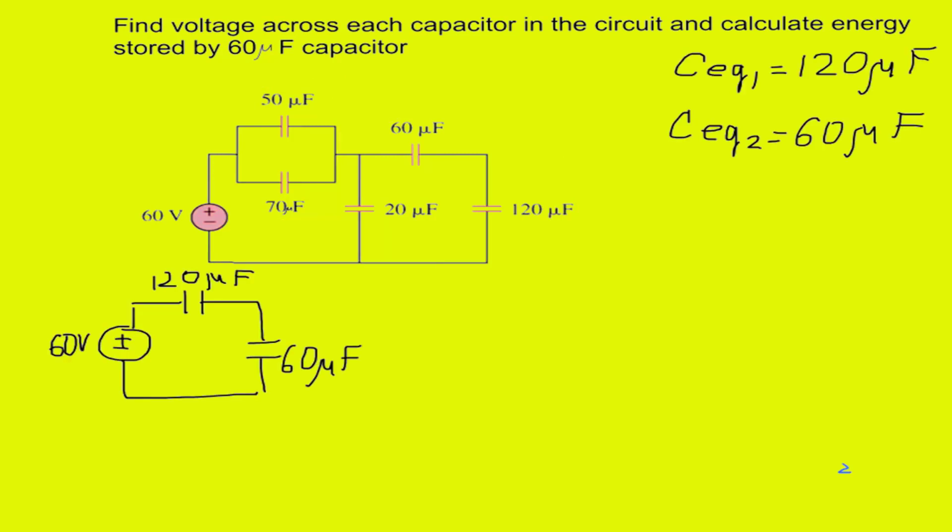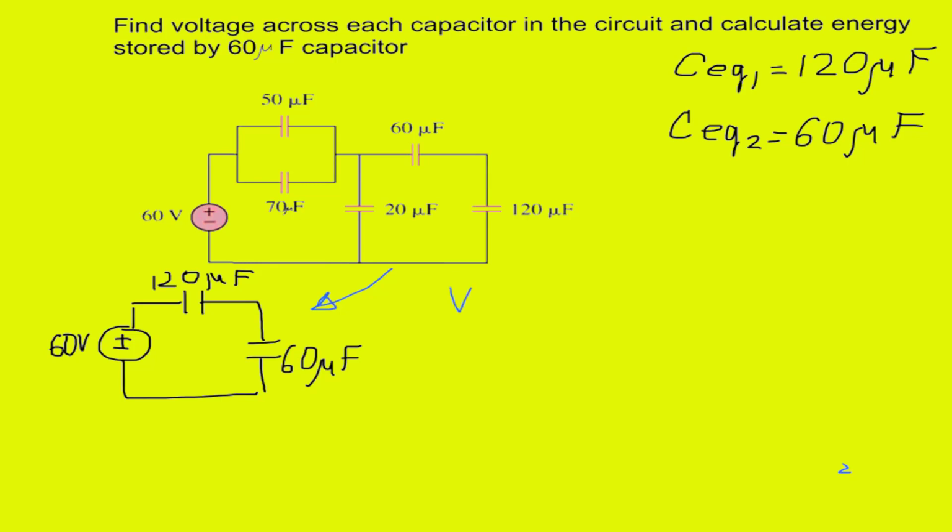So now once we found two equivalent capacitors, we can replace the original circuit by a circuit consisting of only two capacitors connected in series, and the total voltage is 60 volts. Because we have only two capacitors in series and only one voltage source, we can use the capacitive voltage divider rule to find voltage across each capacitor.